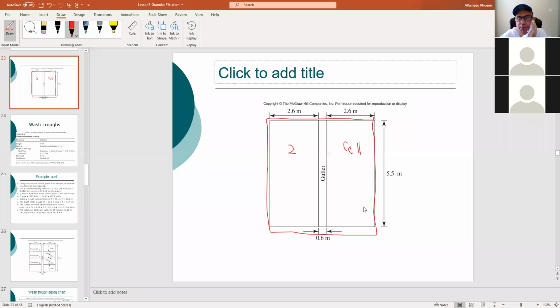Usually, if you look at this from the top, this is the gullet. And this is the second cell here. And here is the depth.